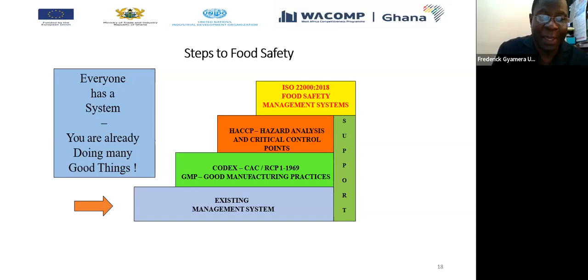If you base your thing on that system, you are involving the people. You are taking decisions based on facts. You are considering the customer satisfaction. You are talking about continual improvement, not what was done in the past tense. Doing what was done in the past will never give you any good results.